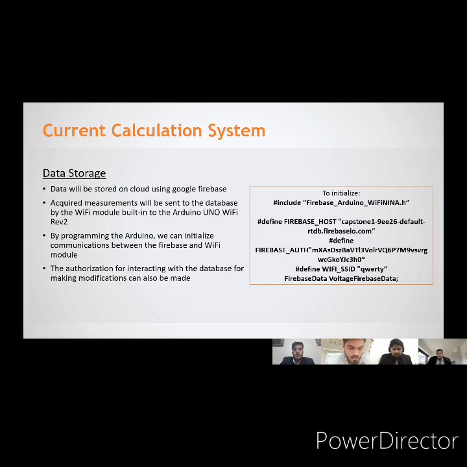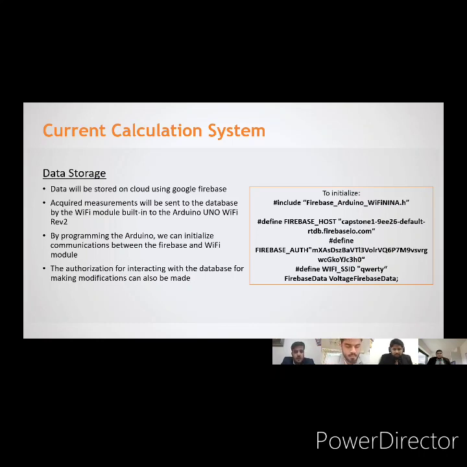Yes, so for the data storage and transmission, we use Google Firebase to store the data that we got so we can view it later, and for that we use the Arduino Uno Wi-Fi Revolution 2, which has a built-in Wi-Fi module to communicate with the Firebase.